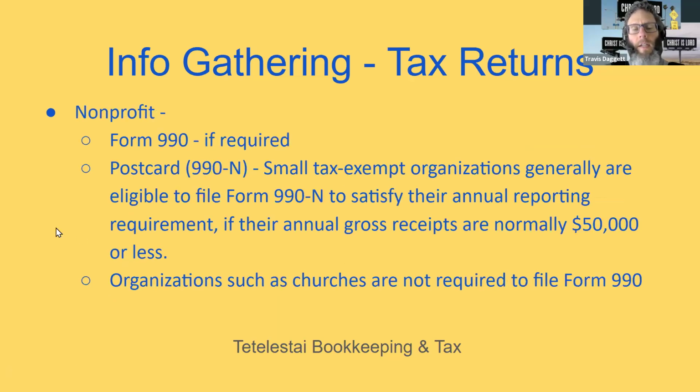And then last, a nonprofit, again, not super common, but this would be a Form 990, or what they call the postcard form. And that's for nonprofits that are smaller, $50,000 or less in gross receipts. And then there are some organizations like churches that aren't required to file a Form 990.